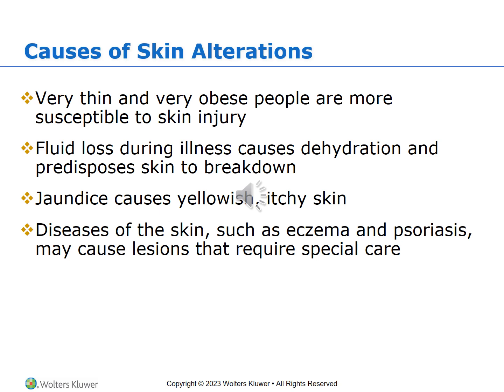It may actually also be itchy, causing them to scratch it, predisposing them to potential skin breakdown as well. A person with a skin disease such as eczema or psoriasis may have lesions that require special care. They may also be itchy and scratchy and cause skin disease as well. I'm sorry, alterations in skin integrity.